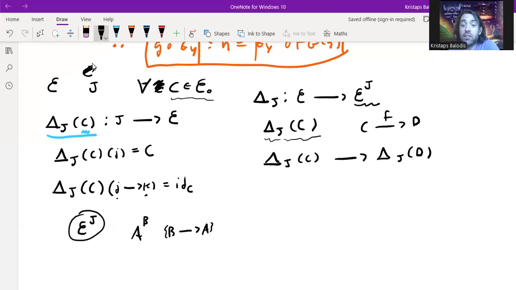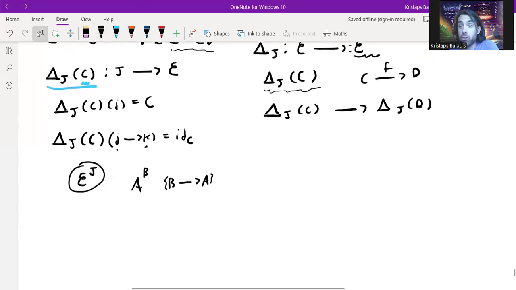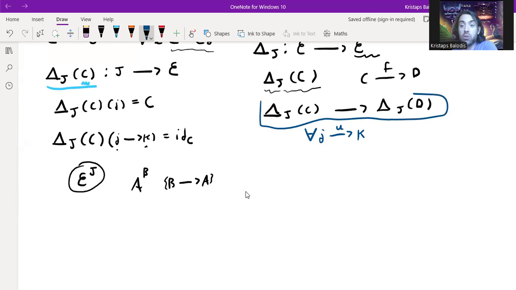But that is a morphism of functors, so in particular, that had better be a natural transformation. So that means that for all U, a map in the category J, because I need to define a natural transformation between functors that go from J into C.